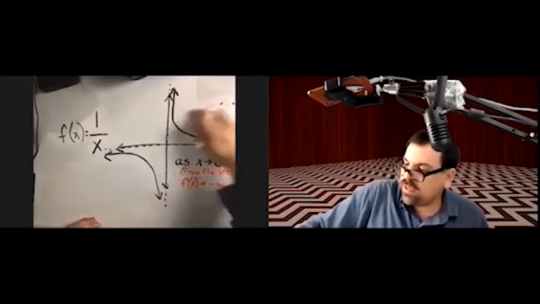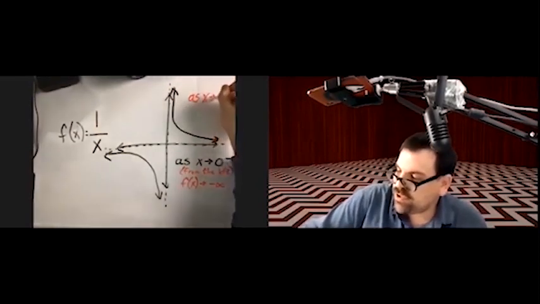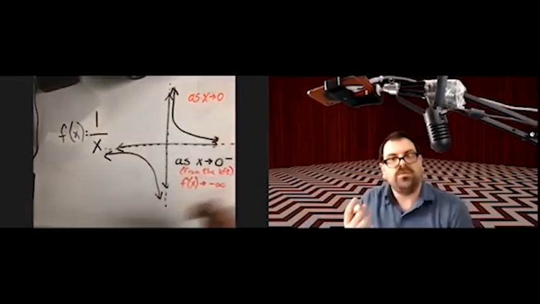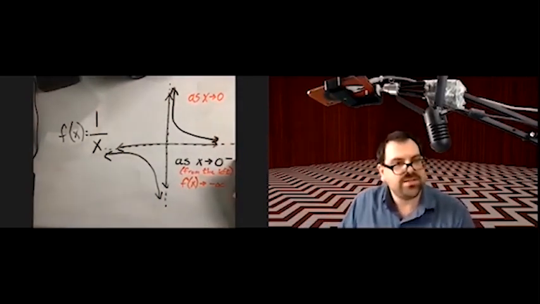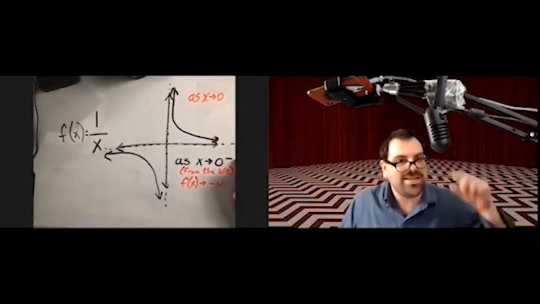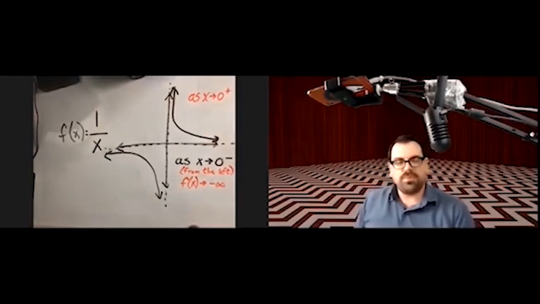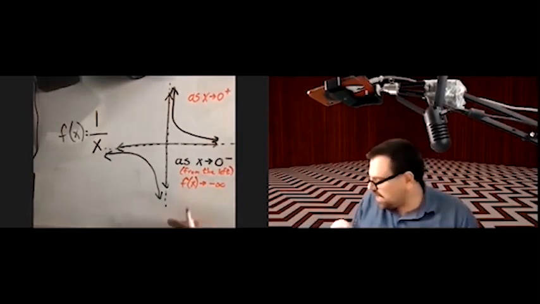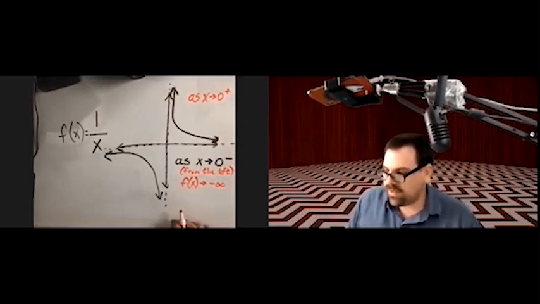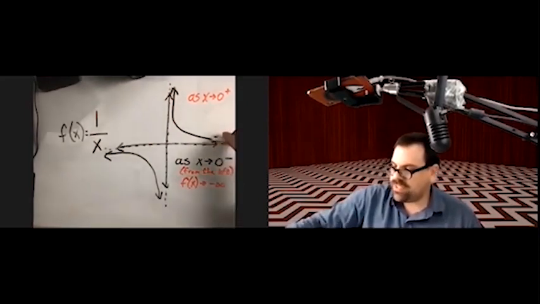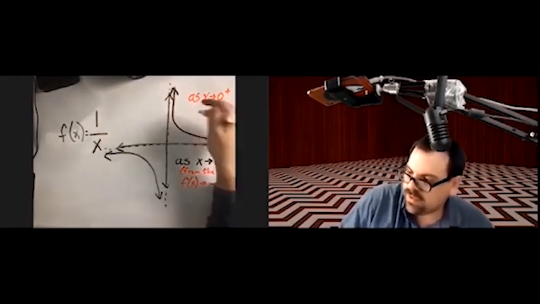What about as x approaches 0 from the right? What do you think that notation is going to be? From the left, from the negative side was a little minus as an exponent. As x approaches 0 with a plus there means as x approaches 0 from the right. So as x approaches 0 from the right, we're swinging up.